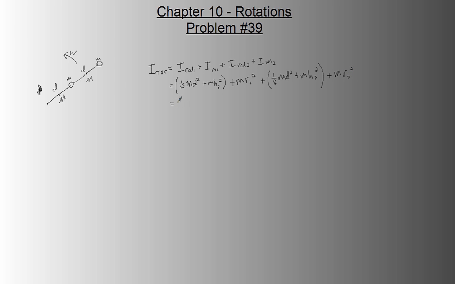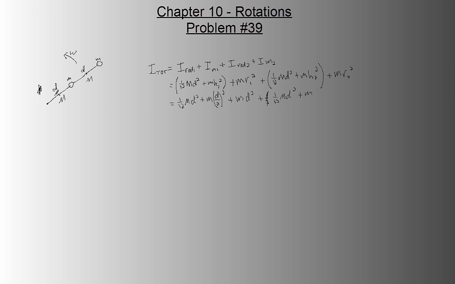So this equals 1/12 md squared plus m times d over 2 squared, because this distance is half of d, plus md squared, this is a distance d away, the length of the rod here, plus 1/12 md squared plus m.